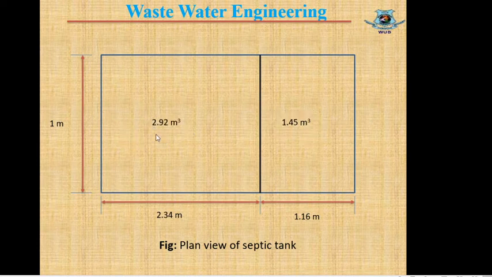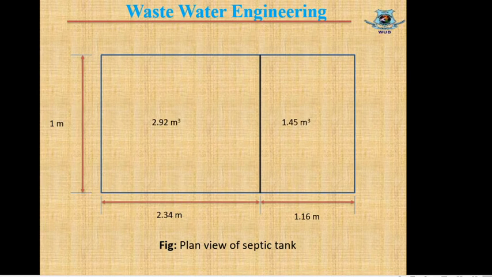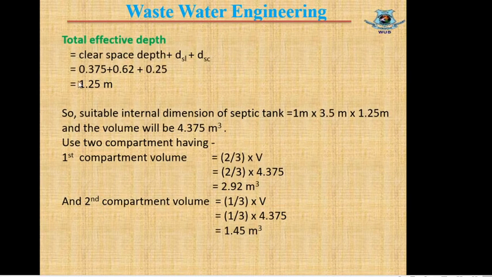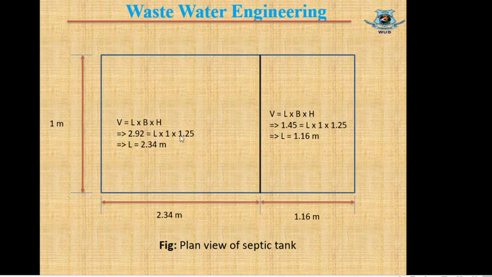We need to calculate L, B equals width 1 meter, and H equals 1.25 meter. We have calculated earlier, if we see here, total effective depth H equals 1.25 meter. So from this equation we can calculate L equal to 2.34 meter.